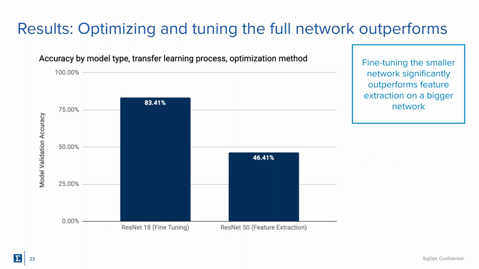So what did the results look like? If we just take a look at our transfer learning comparison, we see that fine-tuning a shallower network, our ResNet 18, significantly outperforms using a deeper network, ResNet 50, as a feature extractor. And really what this shows is that our data set, the Stanford Cars data set, is very dissimilar to the pre-trained ResNet 18 on ImageNet that we leveraged to initialize our weights in our model.